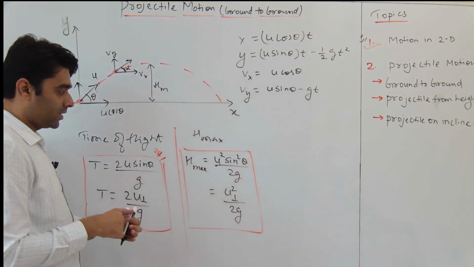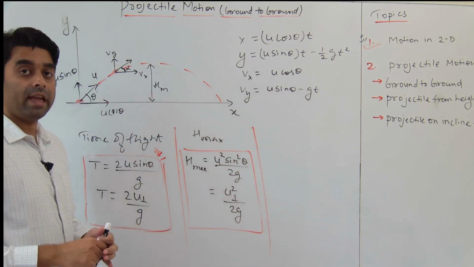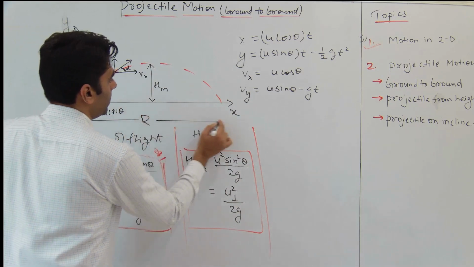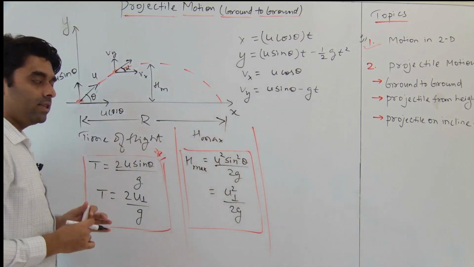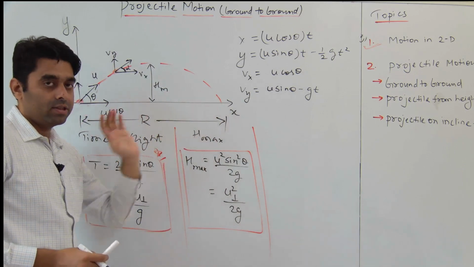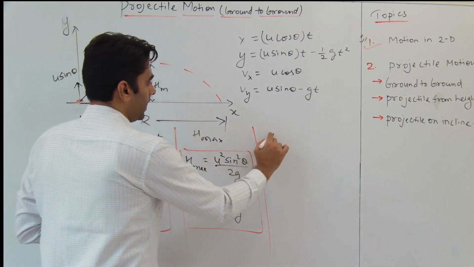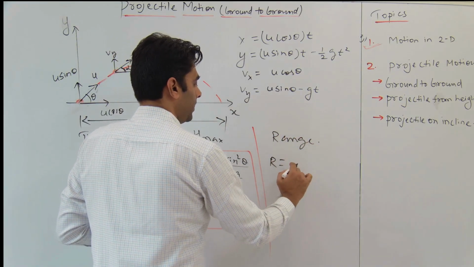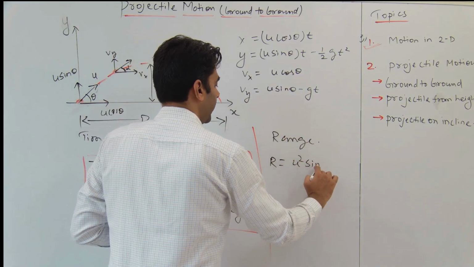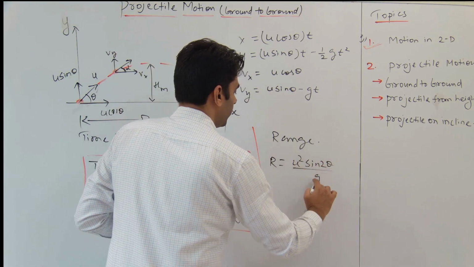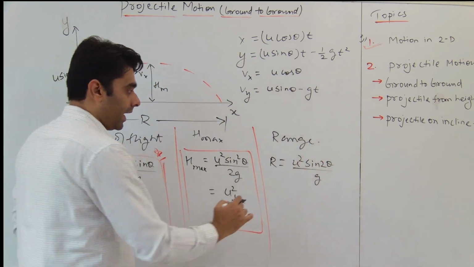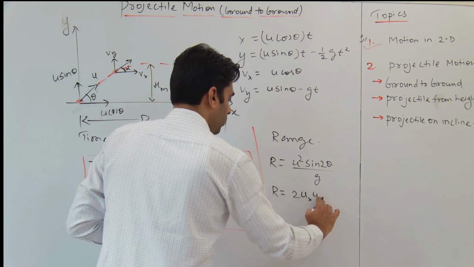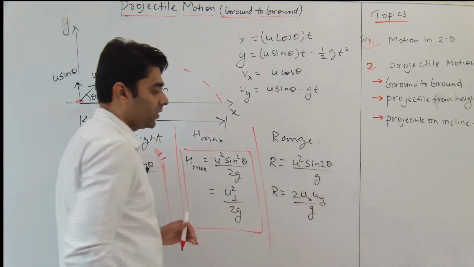Okay, next relation that we have is for range. What is range? Range is basically the maximum horizontal distance traveled by the particle. So range R is u square sin 2 theta by g, which we can also write as R is equal to 2 ux uy by g.